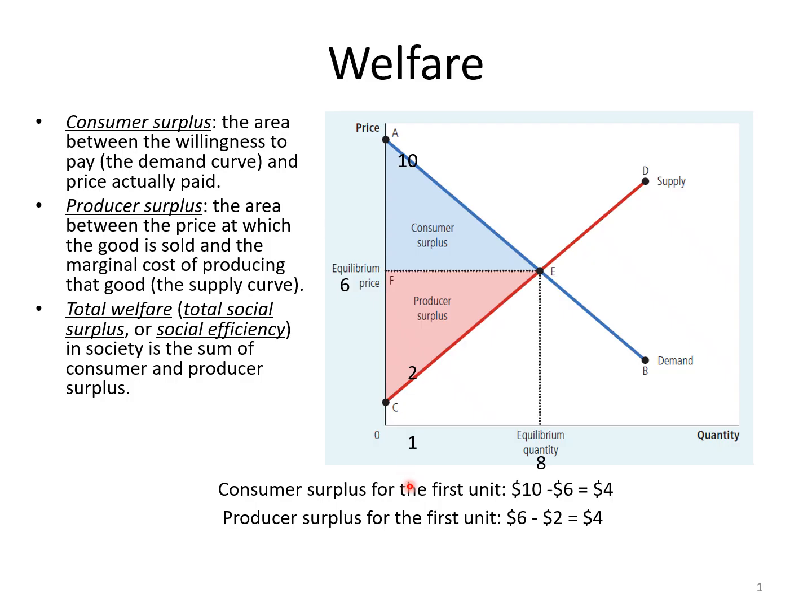And if we want to think about what the total consumer surplus is, we continue down this path. For the second unit, the consumer would have been willing to pay $9, but they only have to pay $6, so there would be an additional $3 worth of consumer surplus. We could do the same thing with the producer. They were willing to accept $3, but they get $6, so they get an additional $3 of producer surplus.